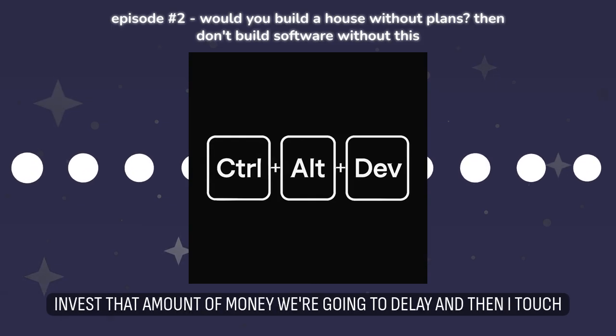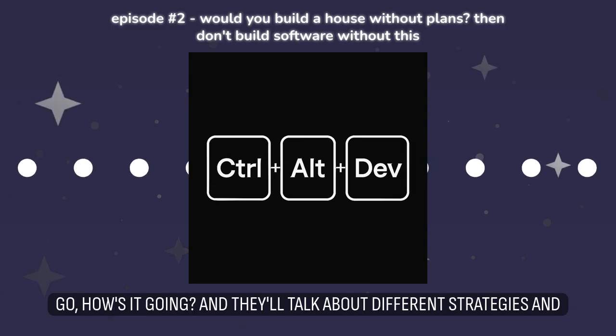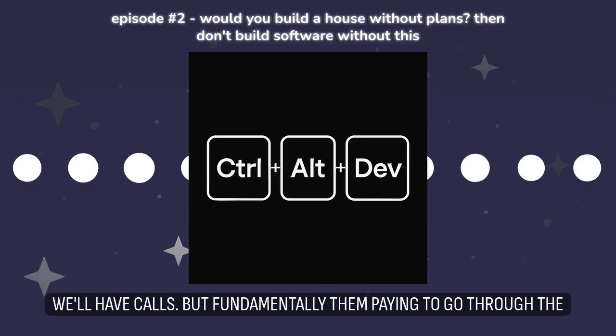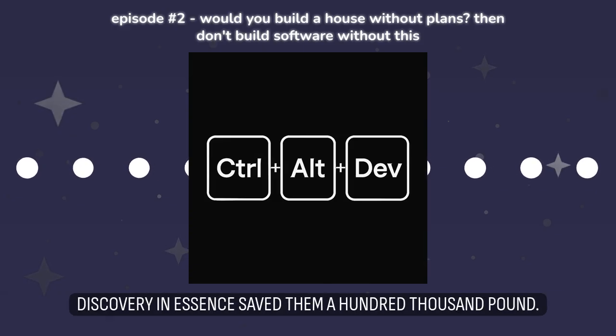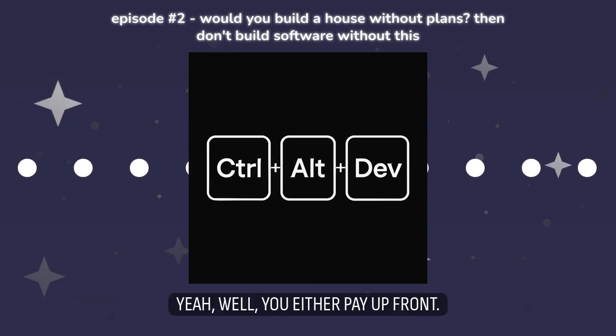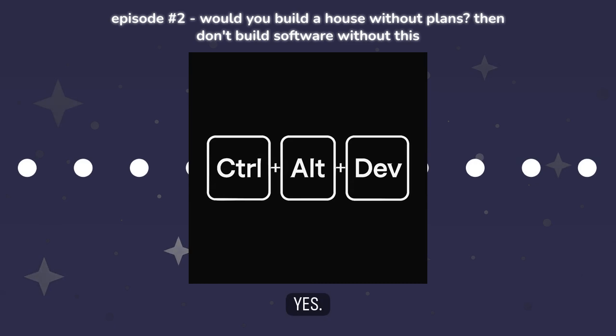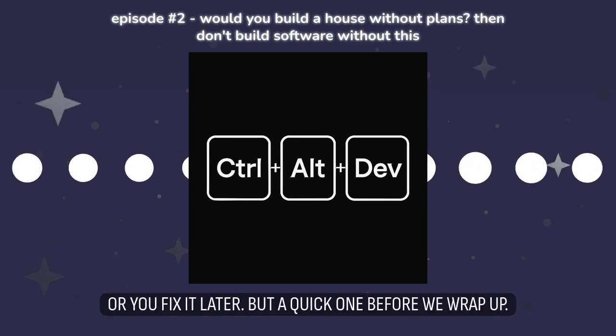We're going to delay. And then I touch base with them, probably every 3 months, and just ask how it's going. They'll talk about different strategies and we'll have calls. But fundamentally, them paying to go through the discovery, in essence, saved them £100,000. Yeah. Well, you either pay up front, or you fix it later.